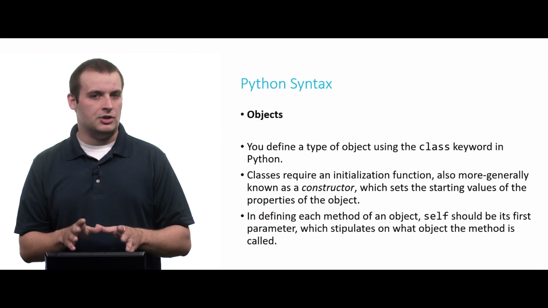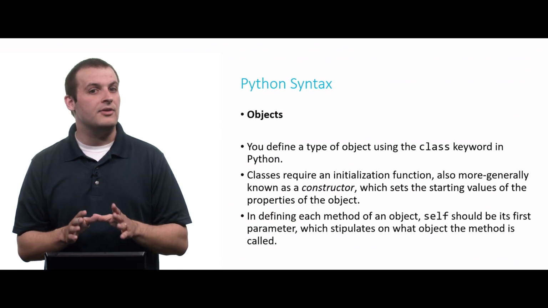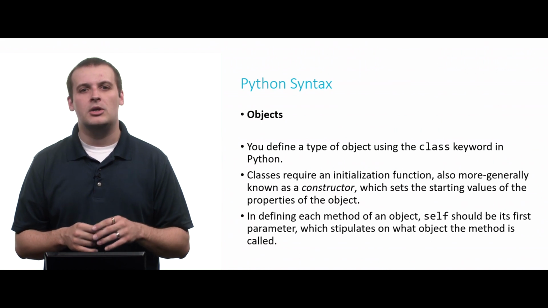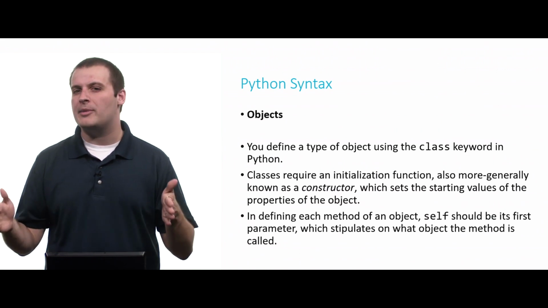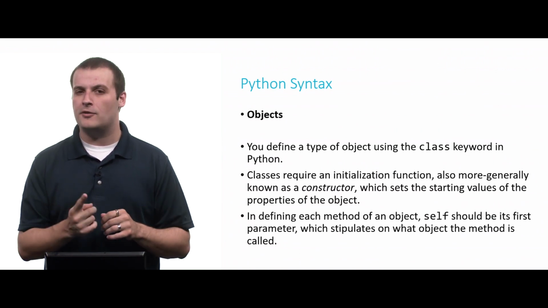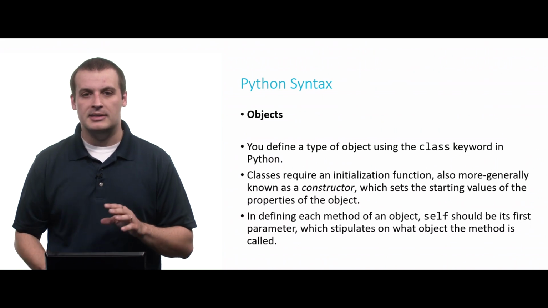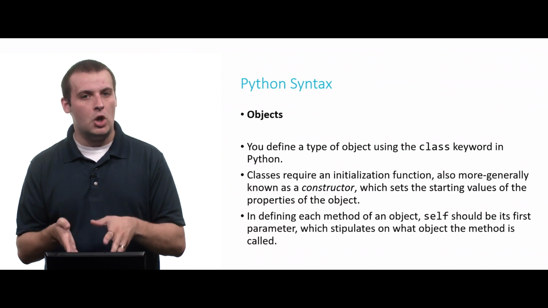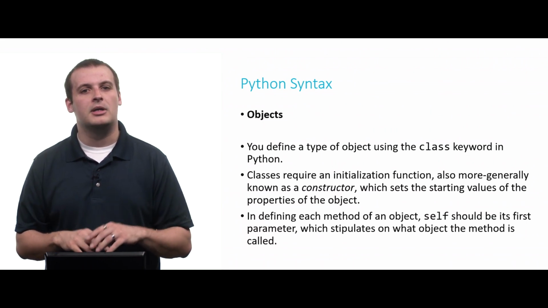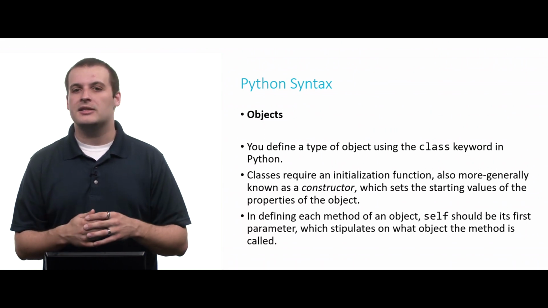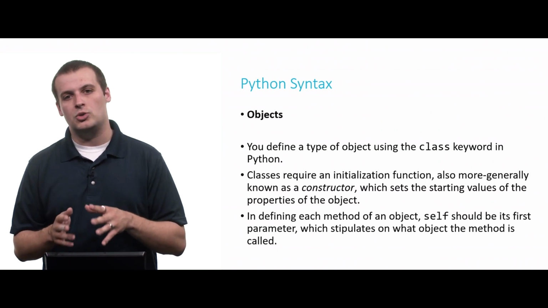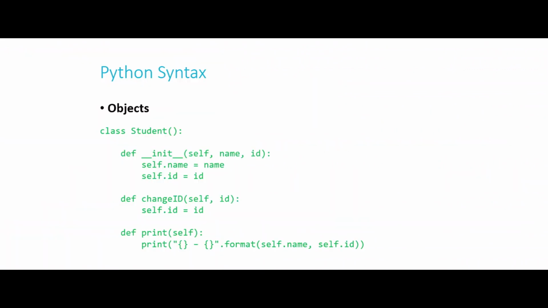So every method that you write in a class to define some new kind of object will always have one more parameter than you think you need, because the first parameter will always be self. Let's distill this into some actual code so you can see what we're doing when we define a new kind of class, define some methods, and then apply those methods to objects in that class.